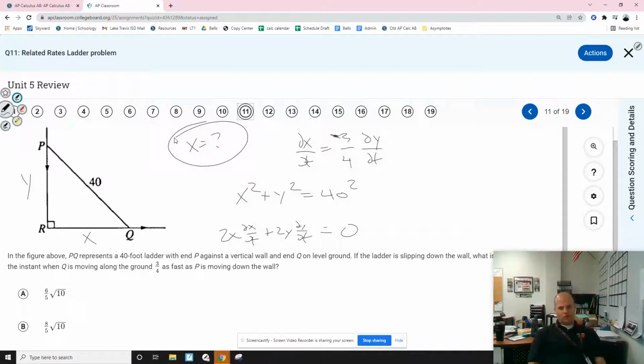I'm wondering if I have to use the Pythagorean theorem. So I'm trying to find x. I have dx/dt is negative 3/4 dy/dt, and that equals 0.